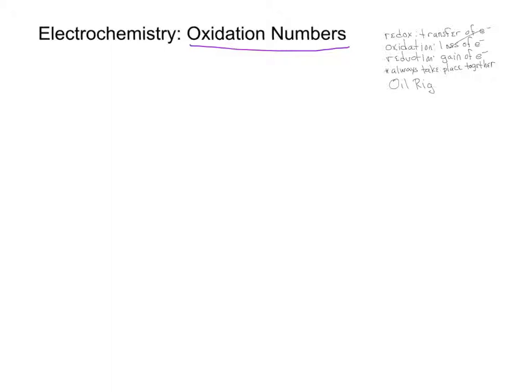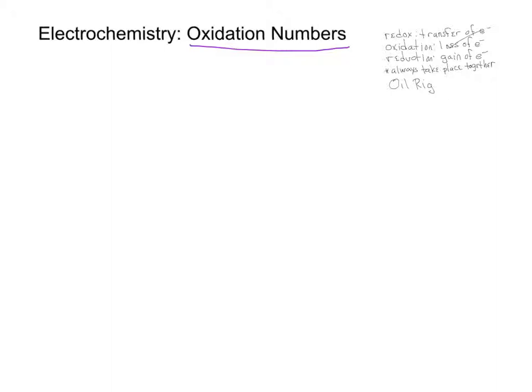So, an oxidation number is essentially the charge an atom would have if it were an ion. Of course, we know that a lot of atoms, for example, nonmetals and covalent compounds, they're not ions. But the oxidation number says, if it were an ion, what would its charge be?